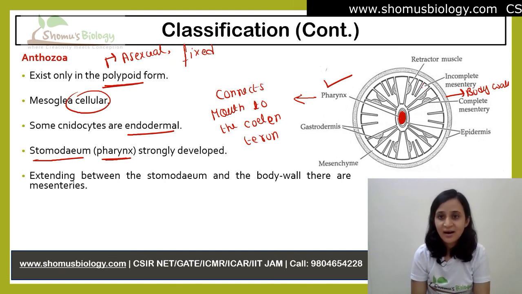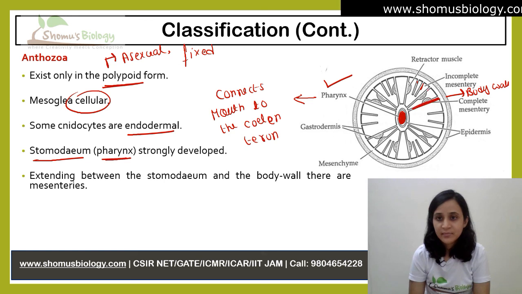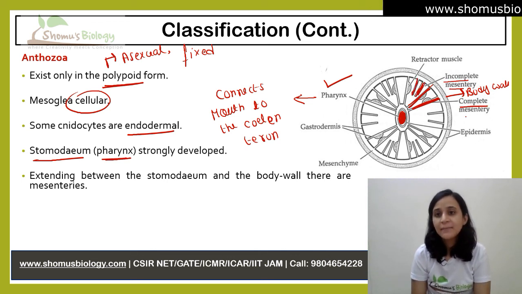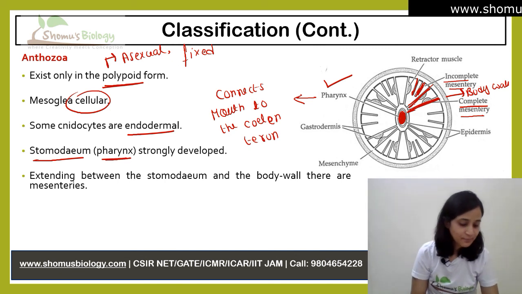So mesenteries are these rod-like projections. These are mesenteries. So some are incomplete mesenteries because you can see that these are not complete, these are half, and some are complete mesenteries. So these are full, they are connecting the pharynx region to the body wall.